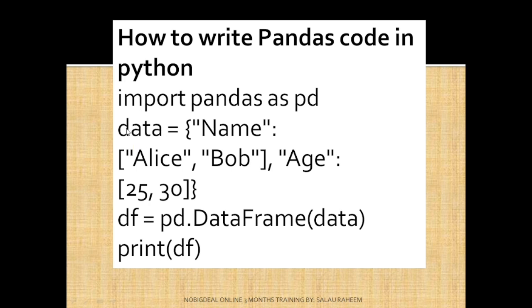This one is serving as our data variable. Then we have some organizing of attributes, like name and age. Under name, we want to store Alice and Bob. Then under age, we want to store the ages of these people, that is 25 and 30.